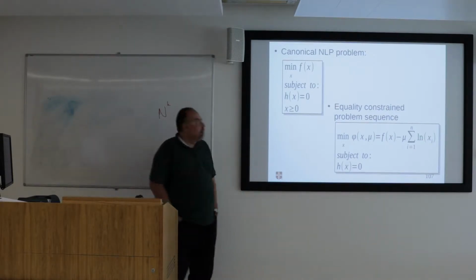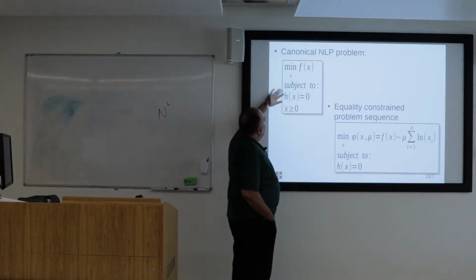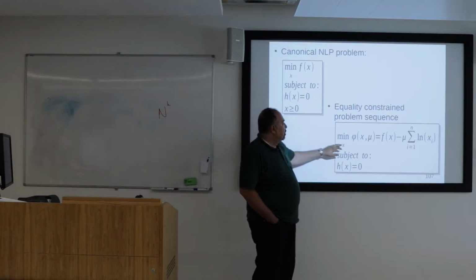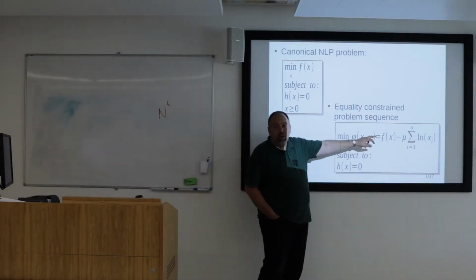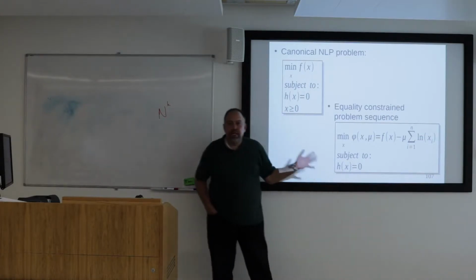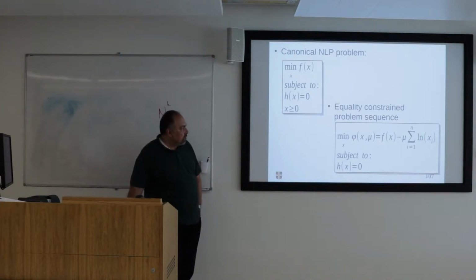So you start from this type of problem now, where you have equality constraints and non-negativity bounds. And the only difference of what you're doing is you're absorbing only the bounds into the logarithm, while you're still subject to any type of equality constraint you may have. So this you can solve.